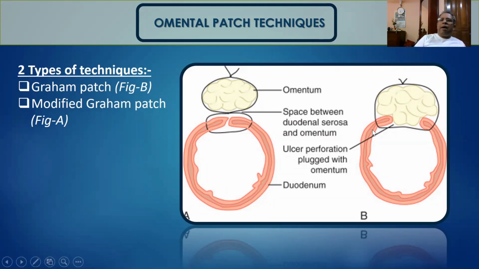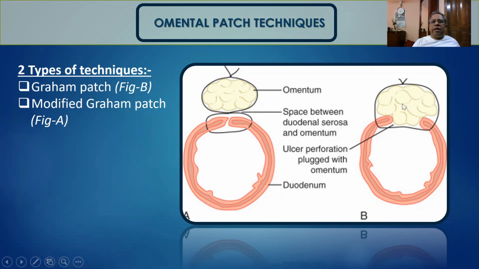Some surgeons choose another way, called the modified Graham patch. That means they first tie the perforation, close approximate it, then over there they fix an omentum. It is less secure; the Graham patch is more secure.